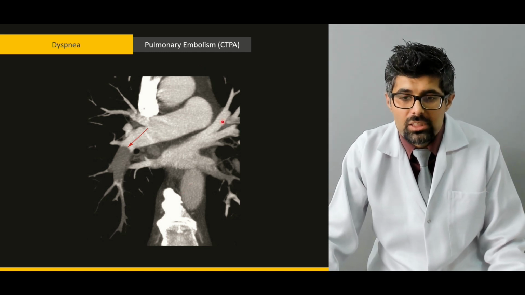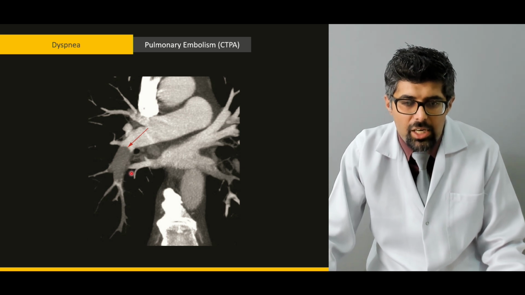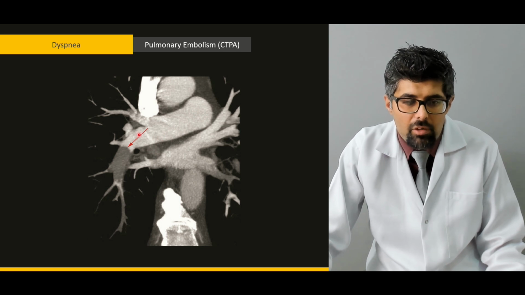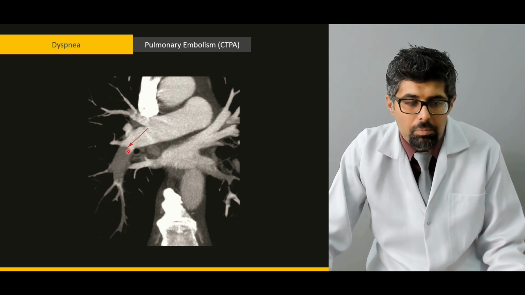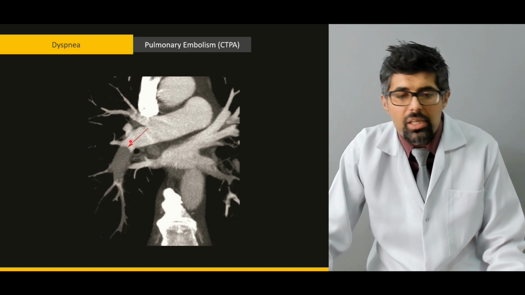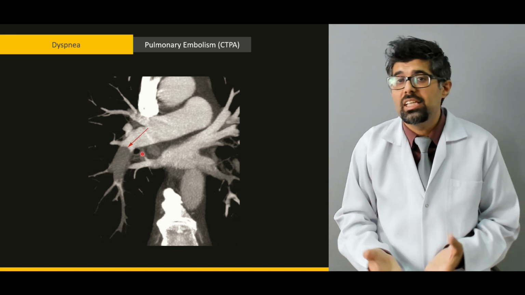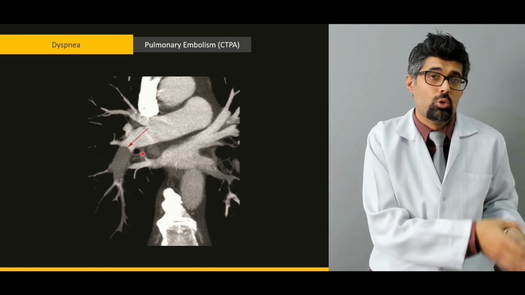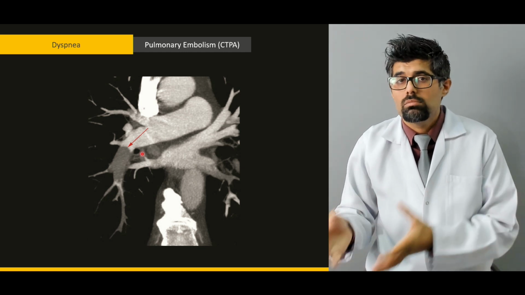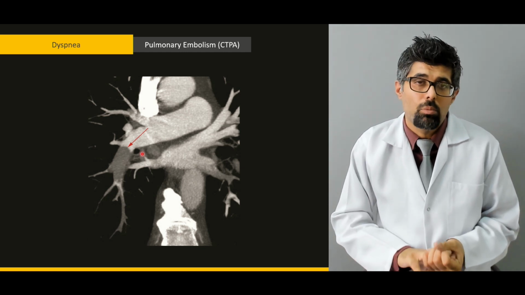Here, this is a picture of a CTPA. This is the area of the emboli. This is the pulmonary vessel that is blocked by this embolus. Now, pulmonary emboli usually happen due to DVTs or deep vein thrombi in the lower limbs. So whenever we see a pulmonary embolus, three things must always be performed.